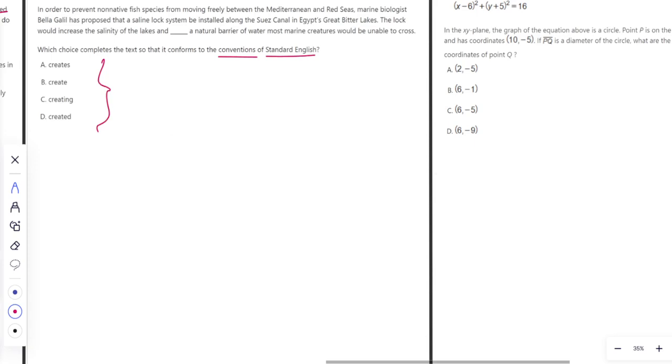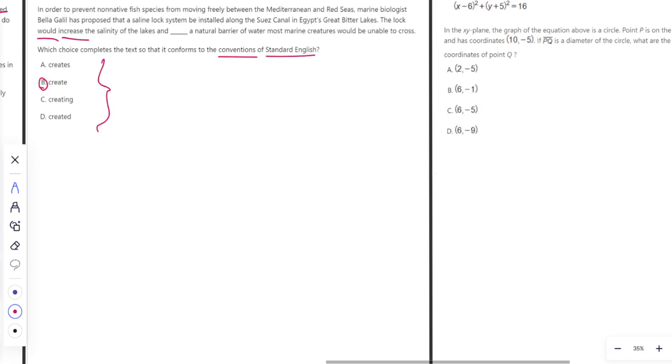Okay, so all these answers are just a form of the verb create. So I'm going to look at the verb tense of all the other verbs in that corresponding sentence to get my clue. It says the lock would increase the salinity of the lakes and blank a natural barrier: either create, creates, creating, or created. And just looking at the word increase, I'm going to go with create as well, right?